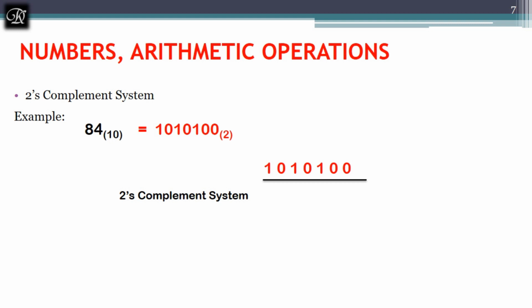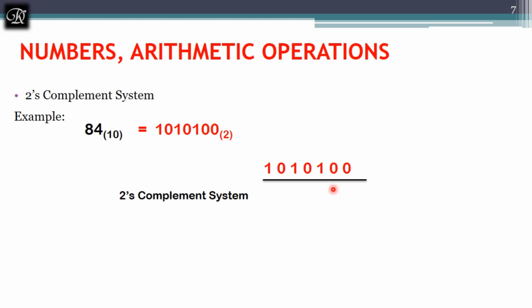It matters because after finding the twos complement, you have to perform multiplication, division, addition or subtraction, so you have many more pending works. That's why I will show you how to find the twos complement of the given number in a faster way.